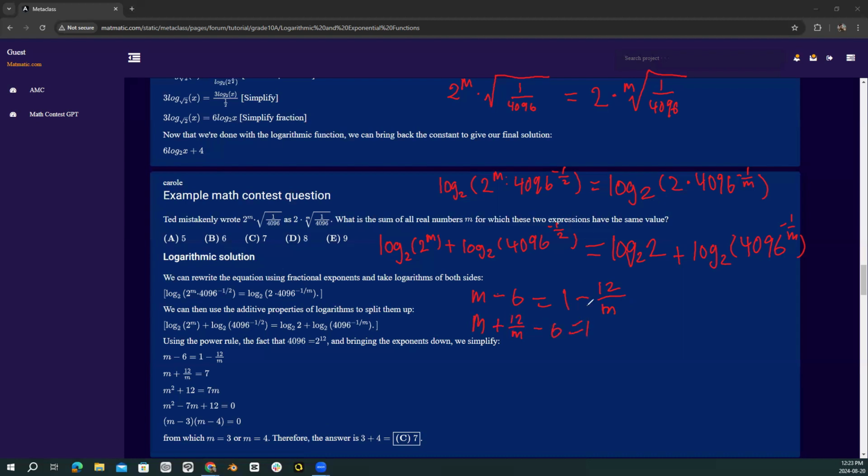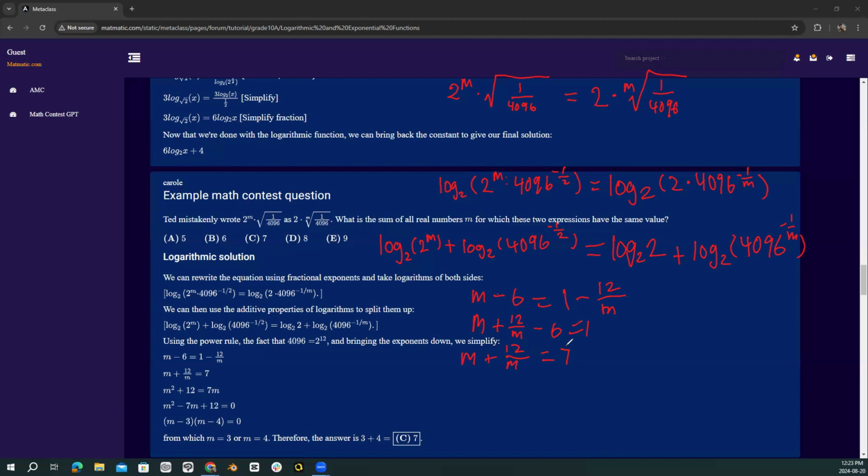So now we want to move the 6 over here. So we can add a 6 to both sides to get m plus 12 over m equals 7.